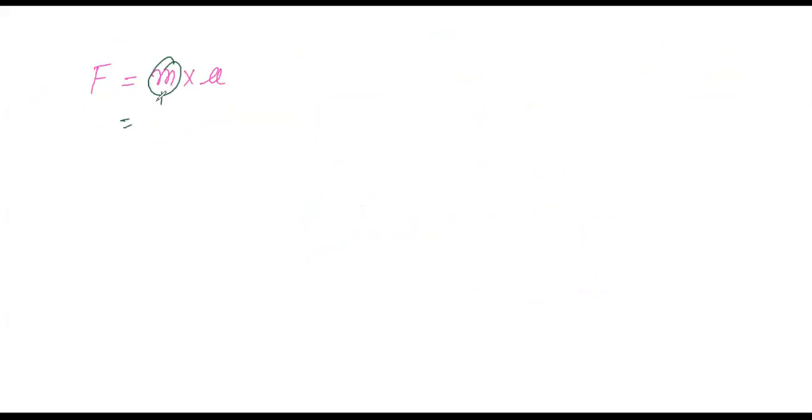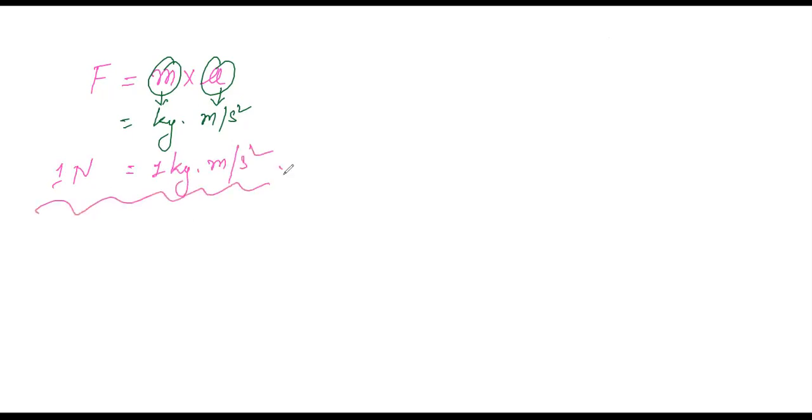For mass we have the unit kg, and for acceleration we have the unit meter per second square. So 1 Newton is equal to 1 kg meter per second square. That is also a value for the Newton.